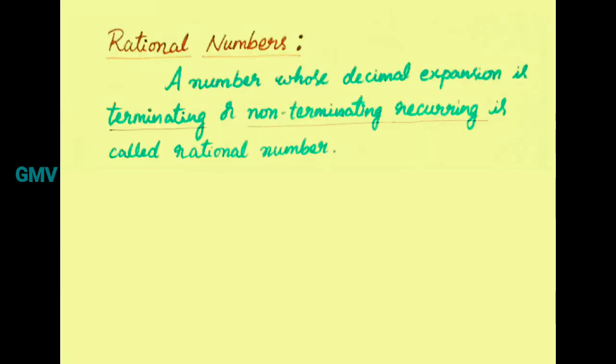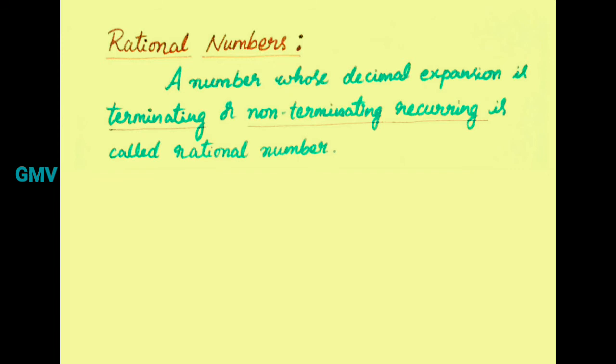Let us see other definitions for rational and irrational numbers. Rational numbers: a number whose decimal expansion is terminating or non-terminating recurring is called a rational number. Here we have to know the meaning of the two words terminating and non-terminating recurring.